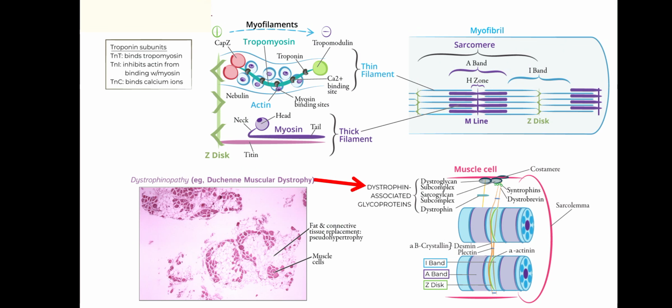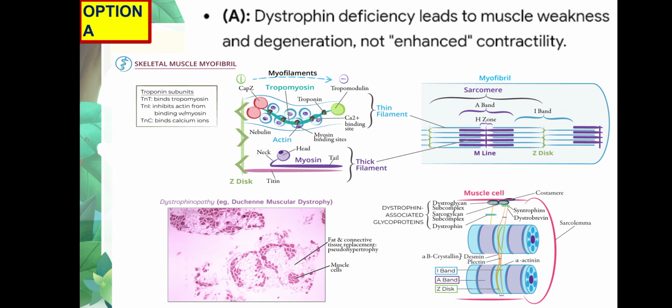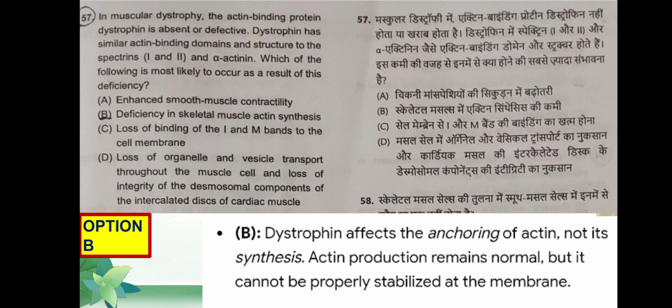So now that you have become clear about what dystrophin is, what spectrin is, let us again come to the question. The question was, in muscular dystrophy, the actin binding protein dystrophin is absent or defective. Dystrophin has similar actin binding domain and structure to the spectrin and alpha actinin.